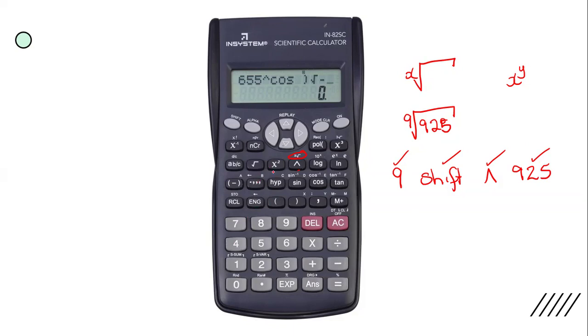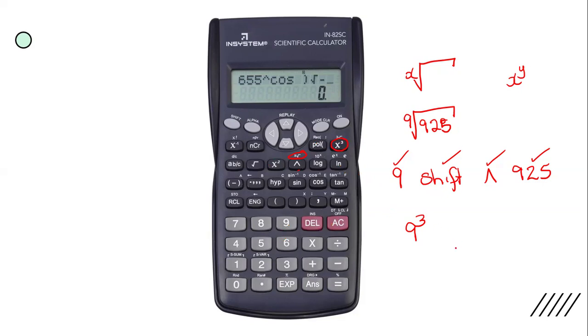Like the square of a number and the square root, we also have the cube of a number and the cube root on some calculators. So if you're finding 9 cubed, you would just simply press 9 and the cubed button.